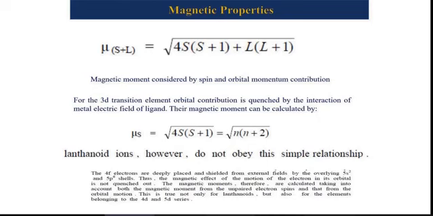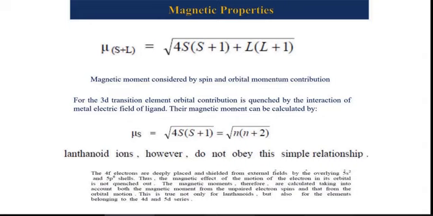So remember one thing: the magnetic property of any chemical substance basically depends upon two things. One, the electron rotating on its own axis, and another, the electron revolving around the nucleus.